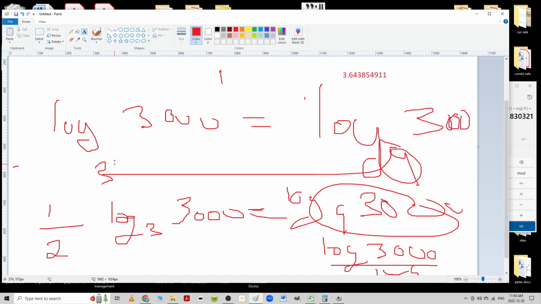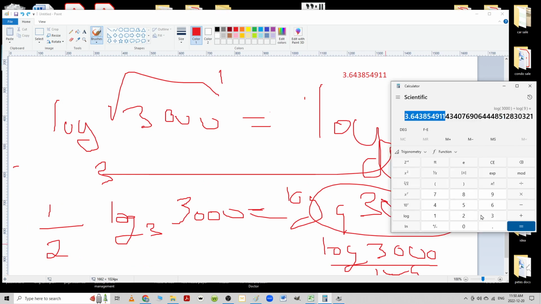Now let's find the log base 3 of 3,000. And I can either find the square root, or I can do it like this. So let's find the square root first. To do this, I do the square root first, and then find its log, and then divide that by the log of 3, and hit equals. And look at that, I get the same number.